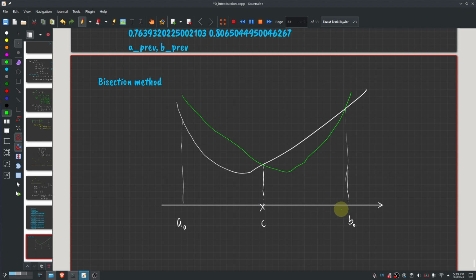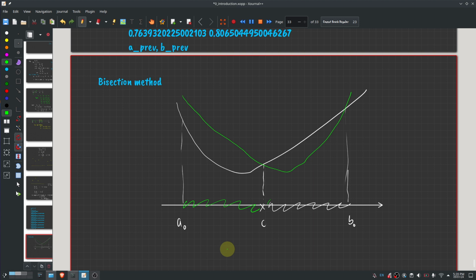I have A0 and B0. I pick some point C in between and evaluate the derivative at this particular point. If the derivative is positive, then I know that the minimum lies between A0 and C. I can eliminate this particular region out, and I only need to focus from A0 to C. If the derivative were negative, then I know that the minimum lies to the right of C and I can eliminate this region out.